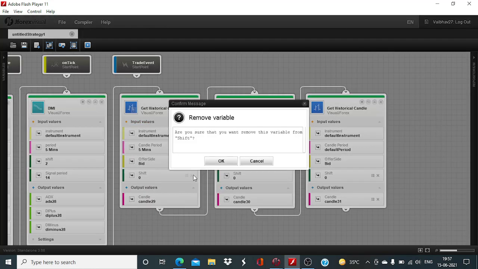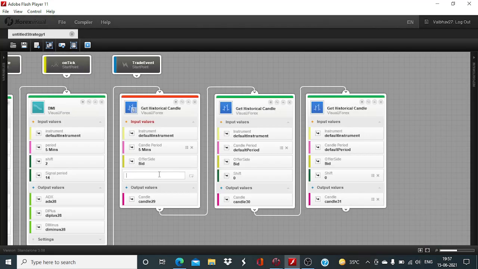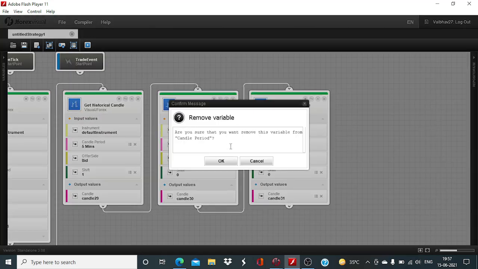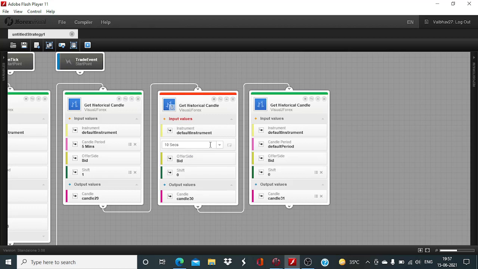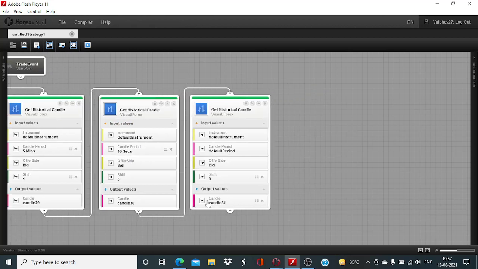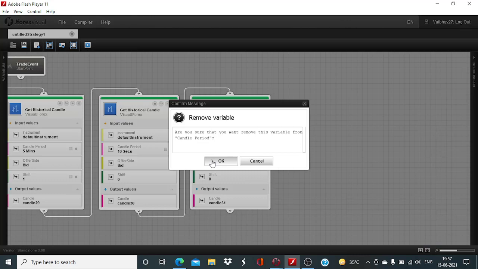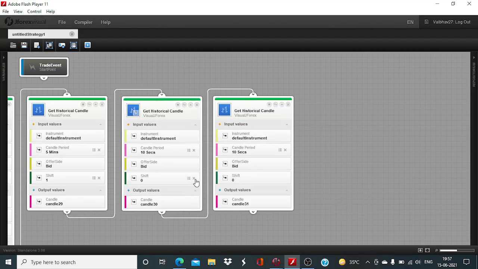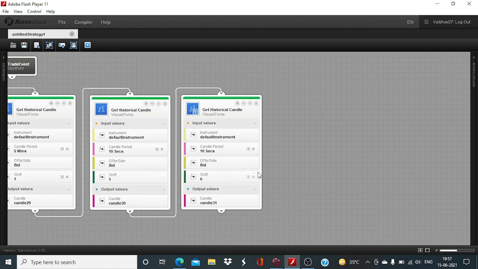Shift will be 1, and these 2 will be changed to 10 seconds each. Shift value of 1 and 2. 1 for candle 30 and 2 for candle 31. Okay.